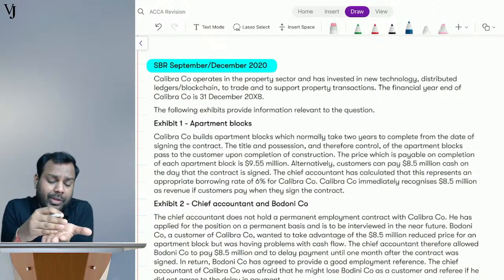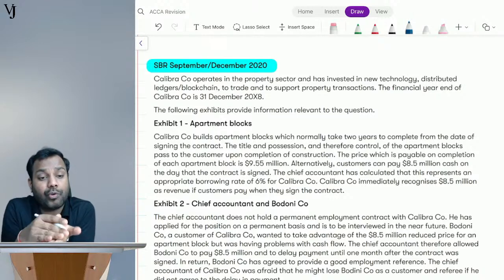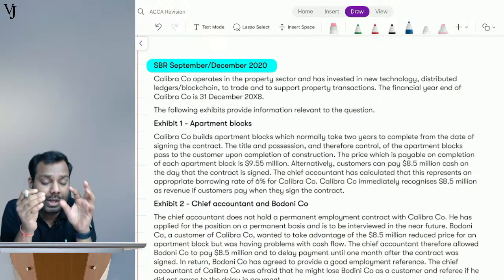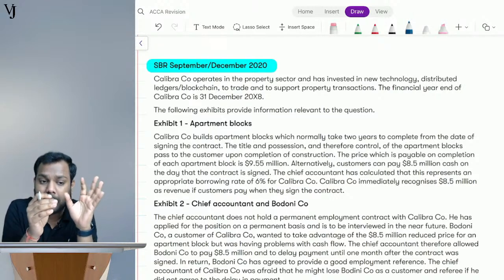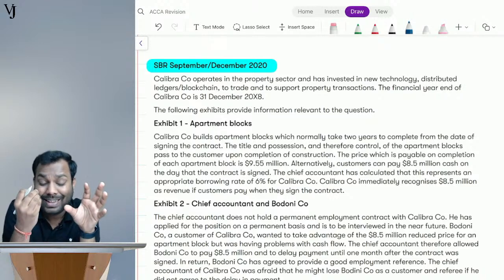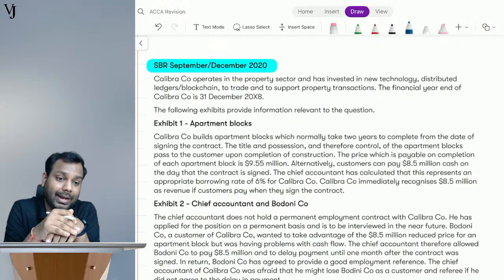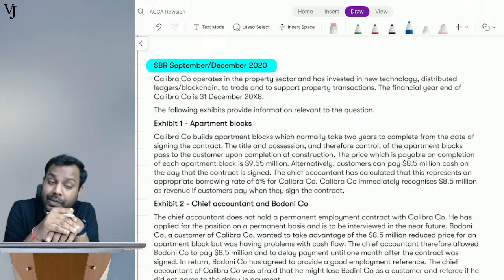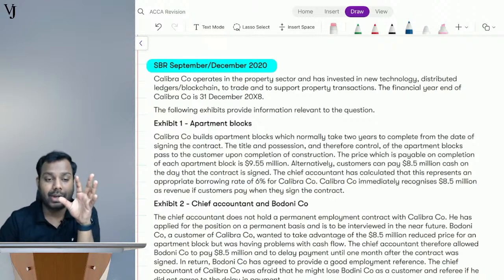Whenever an ethical issue comes in the exam, it will first be an accounting issue and then an ethical issue. First, there is some mistake in the accounting, some wrong accounting treatment that you have done intentionally. That is called an ethical issue now.